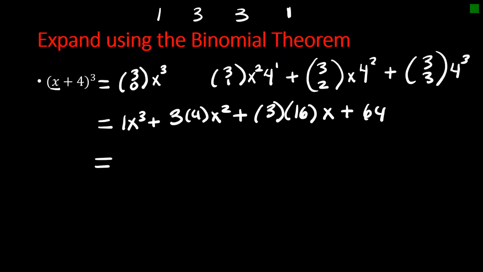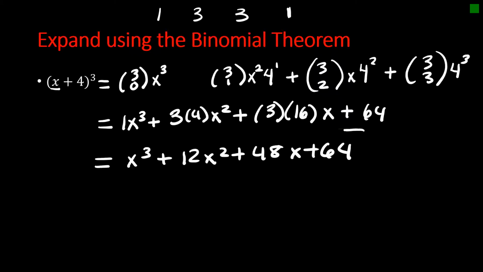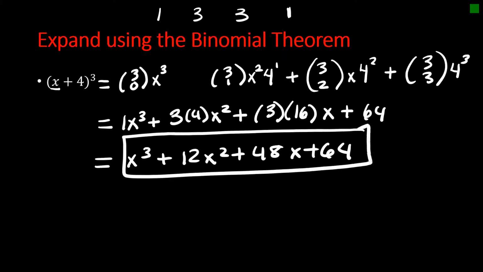So this becomes x cubed plus 12x squared plus 48x plus 64. That's our binomial expansion.